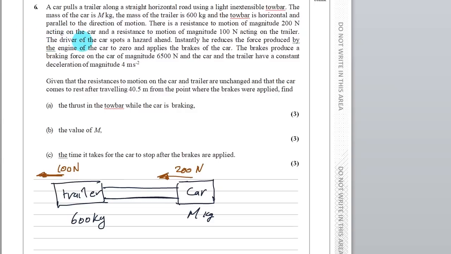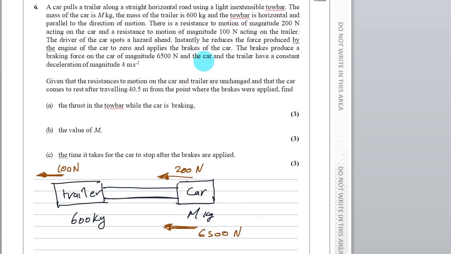The driver of the car spots a hazard ahead. Instantaneously, he reduces the force produced by the engine of the car to 0 and applies the brake of the car. The brakes produce a braking force on the car of magnitude 6,500 Newton.